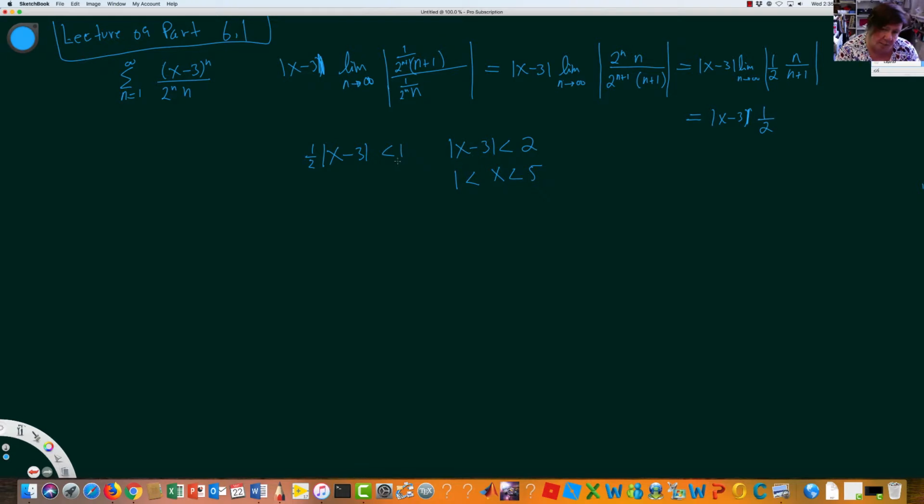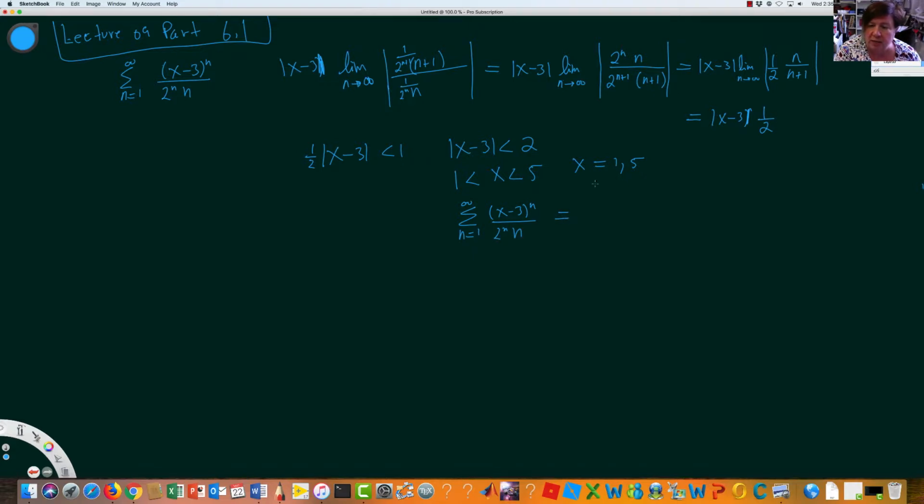Now let's look at the endpoints. So this tells me that the interval of convergence is between 1 and 5, but there are two endpoints, x equals 1 and x equals 5. If we put that into the series, so let's look at the series. We have the series n equals 1 to infinity of x minus 3 to the n over 2 to the n times n.